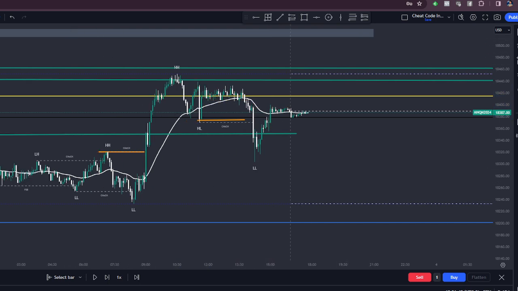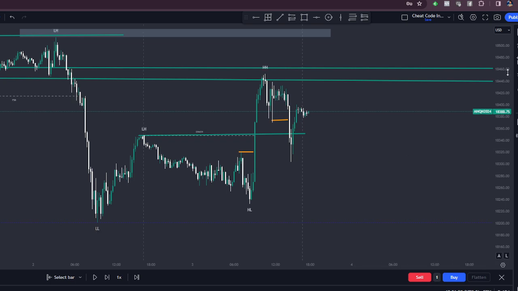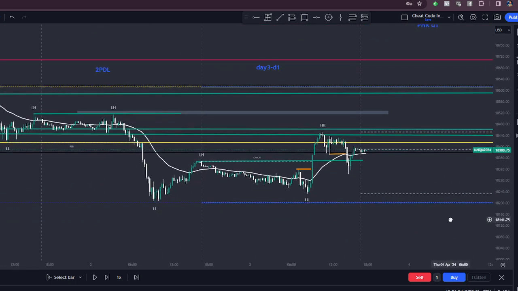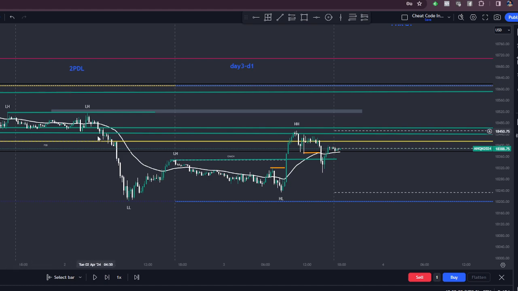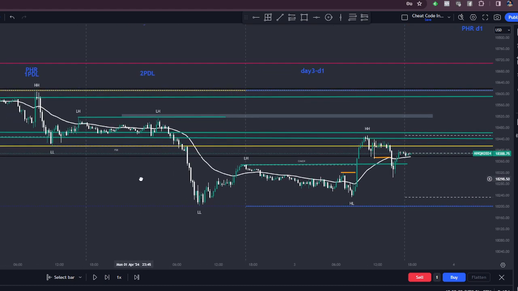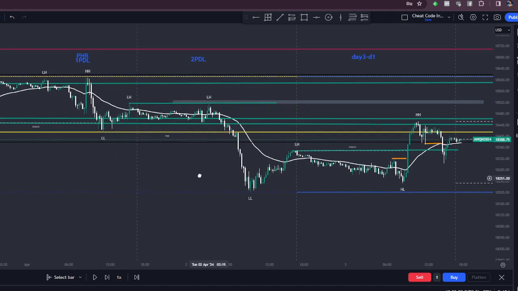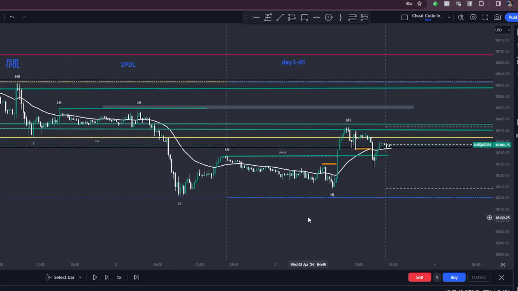All right. Let's go to M15. Let's reassess. Where are we? Now, Monday, new peak reset. Got 1 break, 2 break. There's no break here, right?